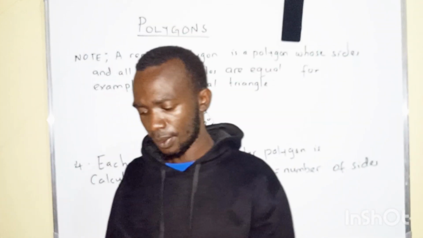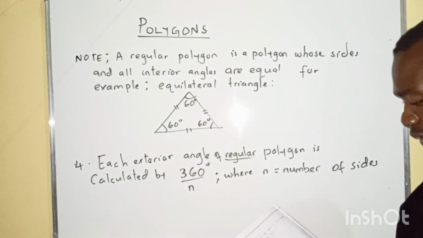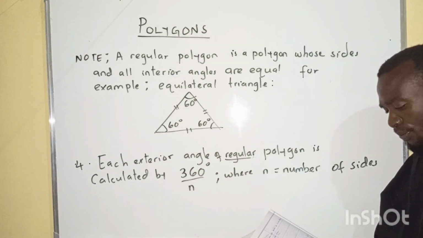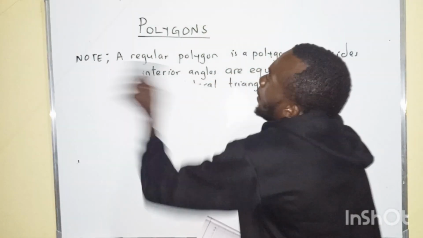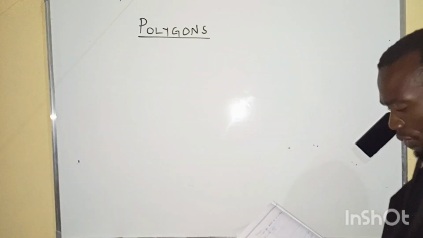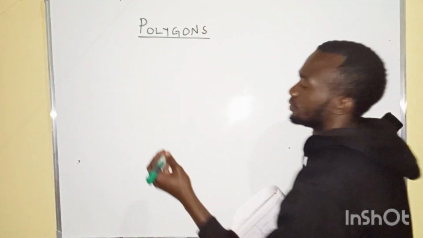Now, we want to go to the next thing. In this one, we're going to have a table. I'm going to draw a table. The table has a column of number of sides of polygon.